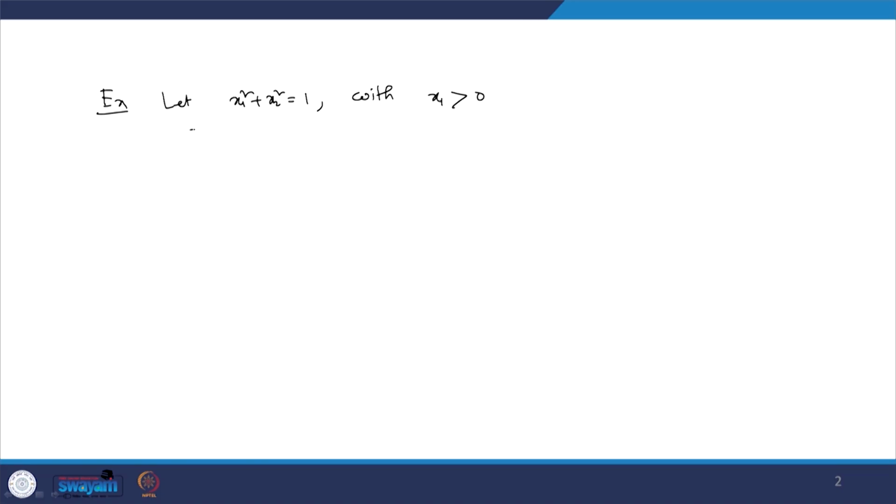Consider an invertible matrix, say capital A equal to x1, x2, 0; 0, 1, 0; 0, 0, 1. So, I am confirmed the given matrix is invertible.